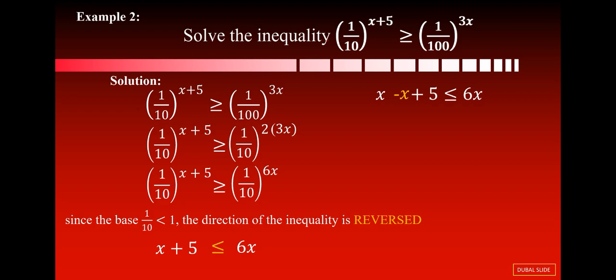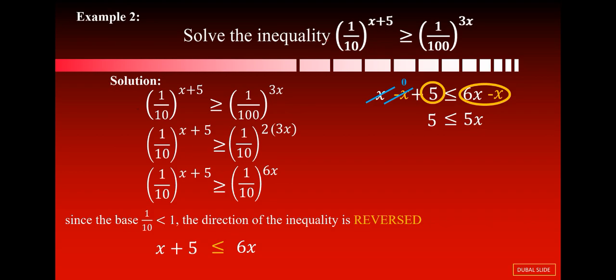Since we are subtracting x on our left side, we're also going to subtract x on our right side. Solving it, x minus x is equal to 0. So the remaining values are 5 together with the inequality, and 6x minus x is equal to 5x.